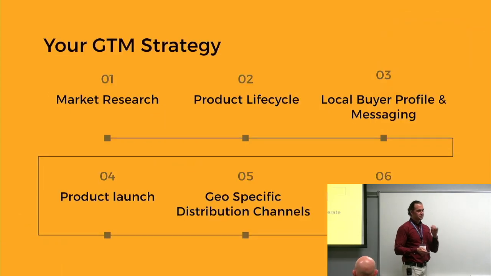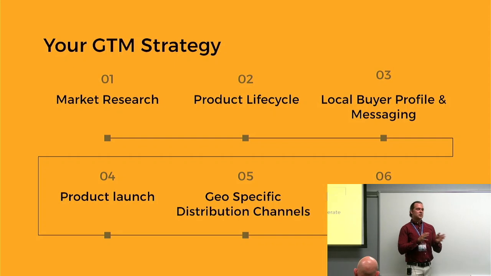So with that, this is high level, your GTM strategy. You need to do some sort of market research. You are definitely involving your product lifecycle and team, meaning all the engineers, any tech work and other systems that need to get involved, they are part of it. You need to figure out a way to structure your buyer profile and the messaging in which you want to tell, let's say, your buyers. What does that look like? You then have a special launch. So again, number 4, your product launch.